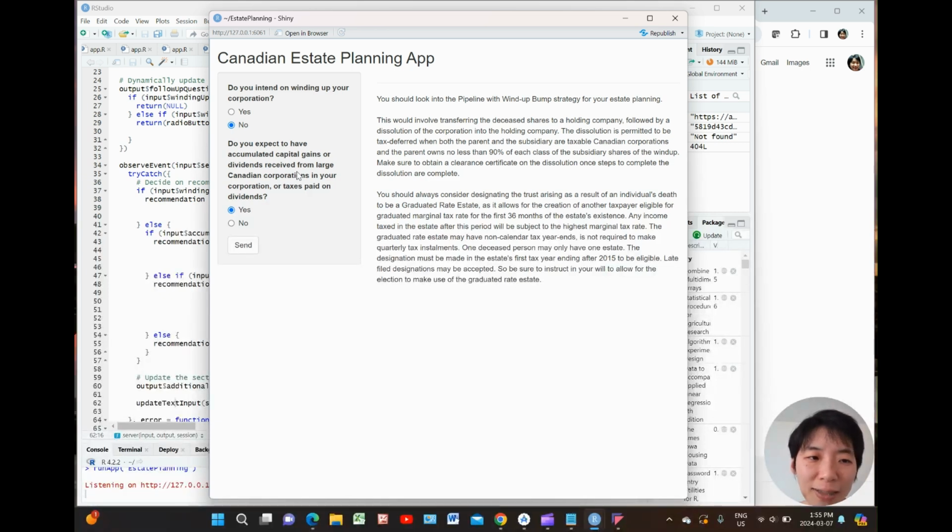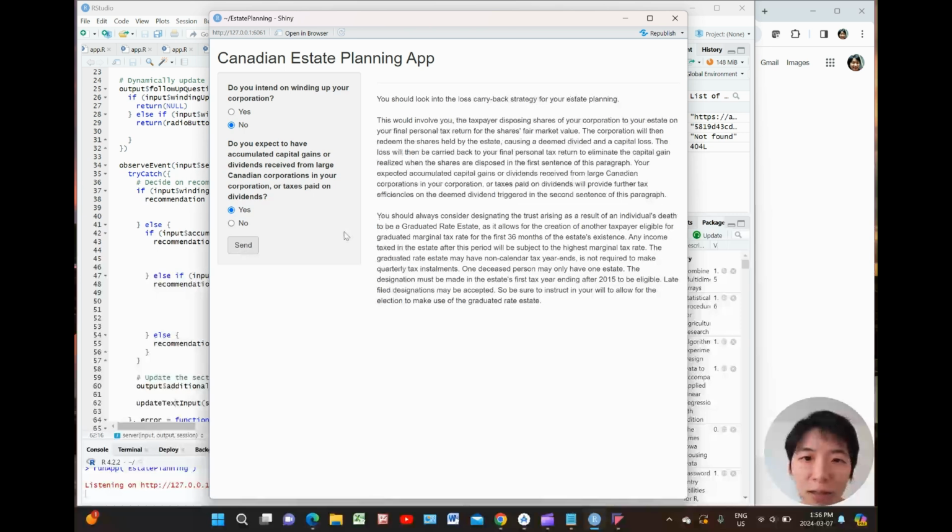And this says, do you expect to have accumulated capital gains or dividends received from large Canadian corporations in your corporation or taxes paid on dividends in the history of your corporation? And if they answer yes, then the system would recommend the loss carryback strategy for their tax planning.